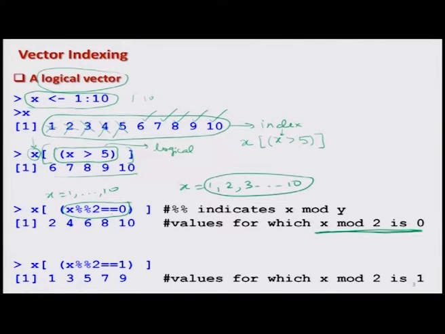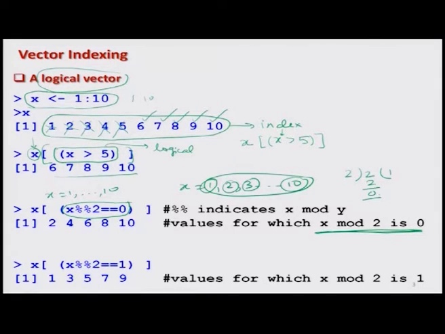This operation happens first at x equal to 1, x equal to 2, x equal to 3 and up to x equal to 10. And then it gives me all the values for which x modulo 2 comes out to be 0. For example, if I say 2 divided by 2, the answer comes out like this: the quotient is 1 and the remainder is 0.